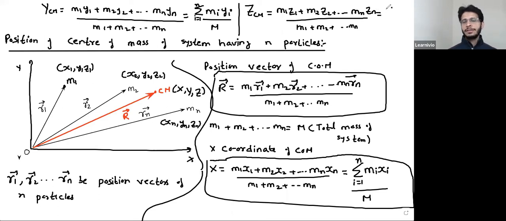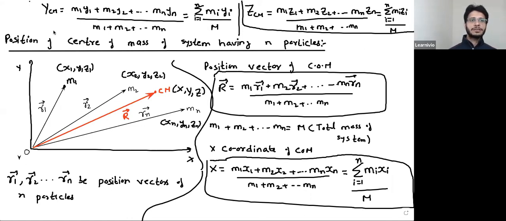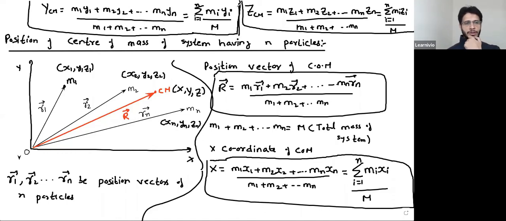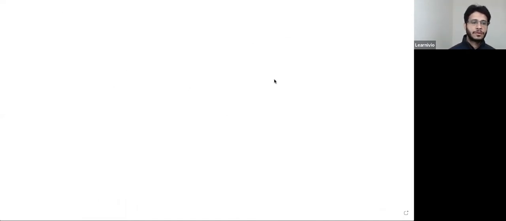Or you can write this as summation of mi zi, i from 1 to n, divided by the total mass of the system. This is the z coordinate of center of mass and this is the y coordinate of center of mass. So I'm giving you a very simple system.